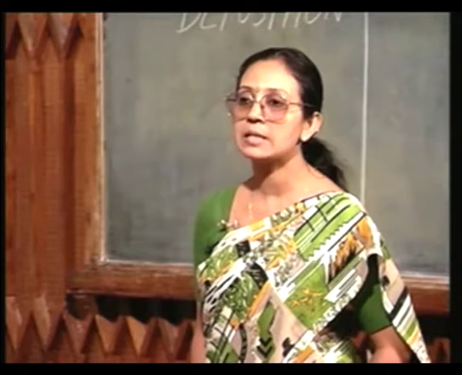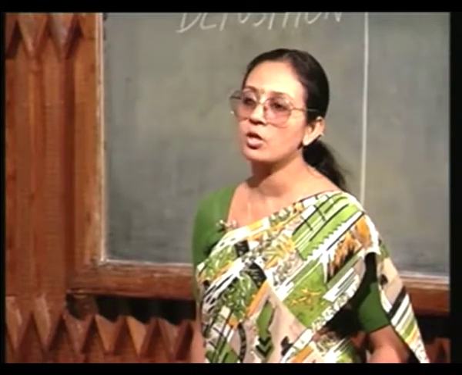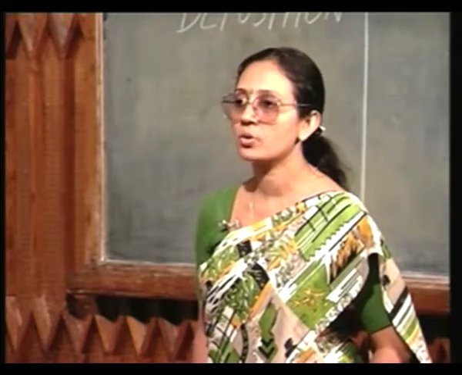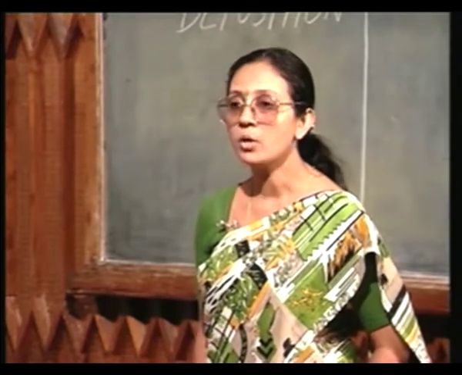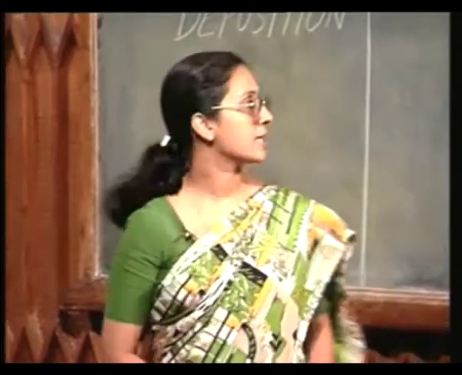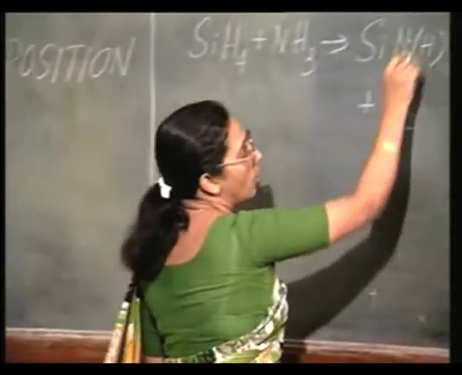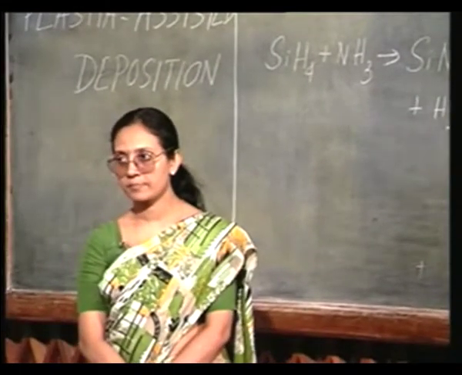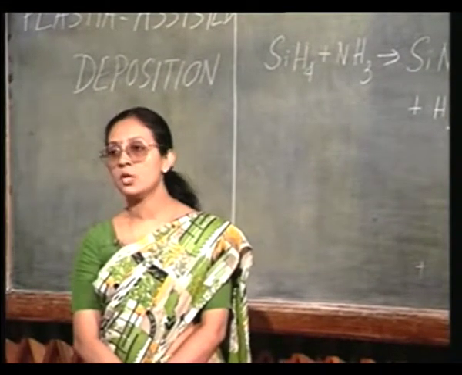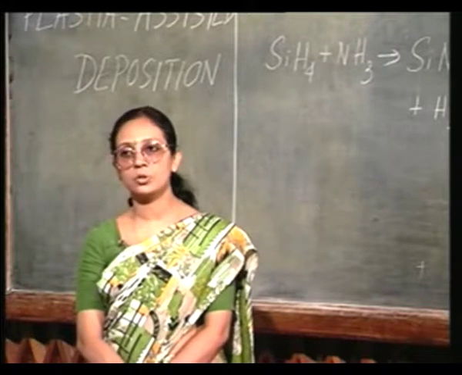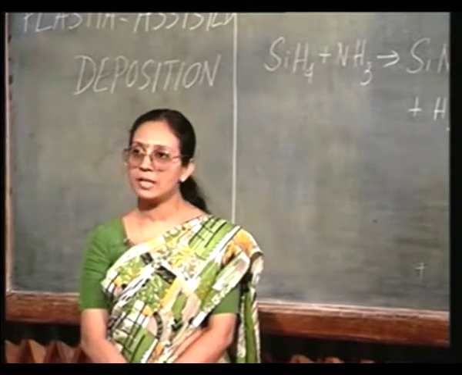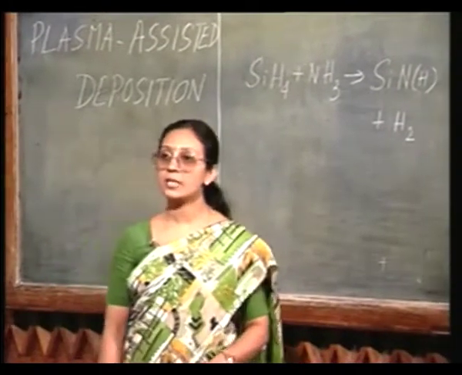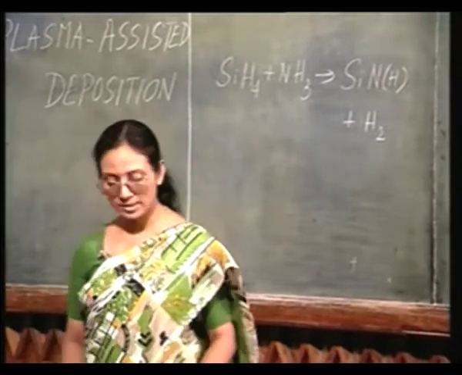Instead, what you get is some composition of silicon and nitrogen with a lot of hydrogen put in. That is why we write it either as SiNH or with SiN bracketed H. That is, we cannot be exactly sure about what the relative composition of silicon and nitrogen is going to be. It depends on various process parameters.